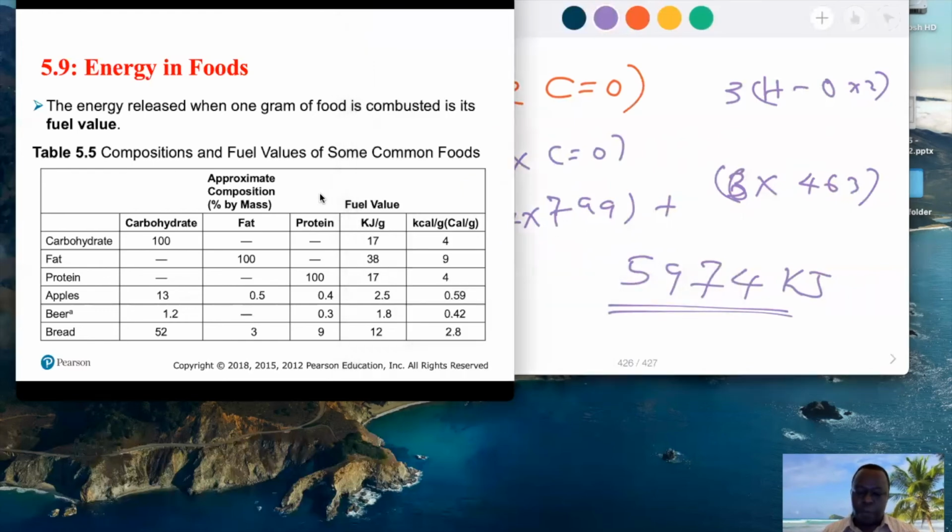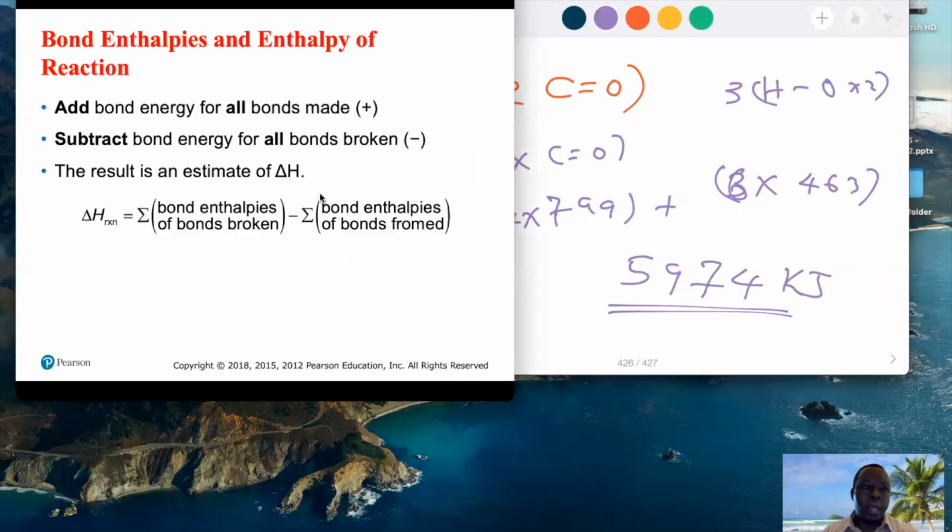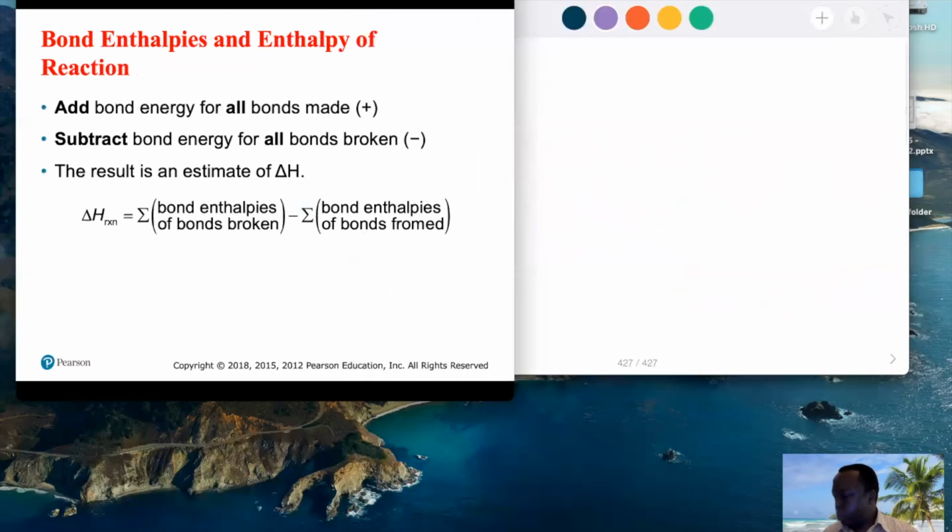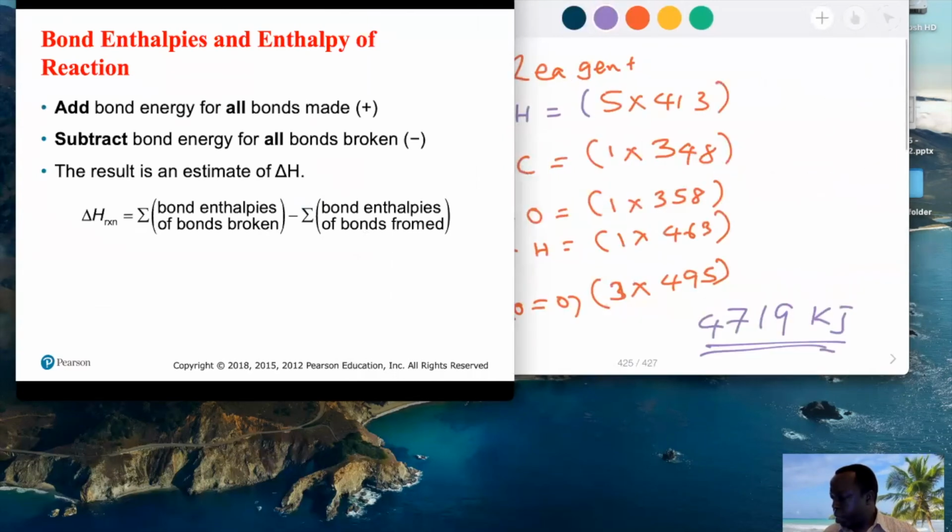Now, from the equation here, the equation you need to understand is the sum of the bond energies broken minus the sum for bonds formed. So here we will have to subtract, all right? We'll have to subtract from these 4719 minus 5974.